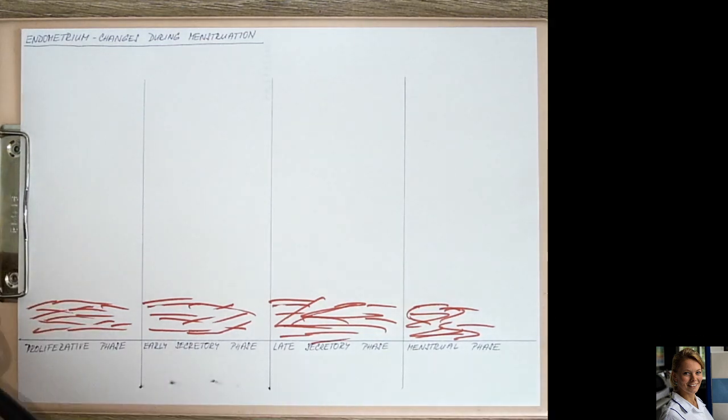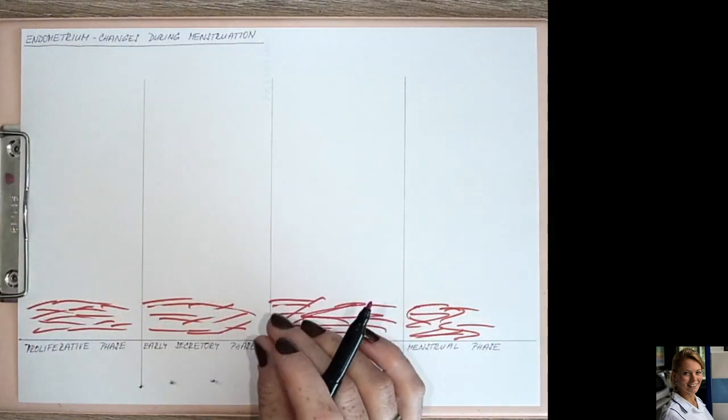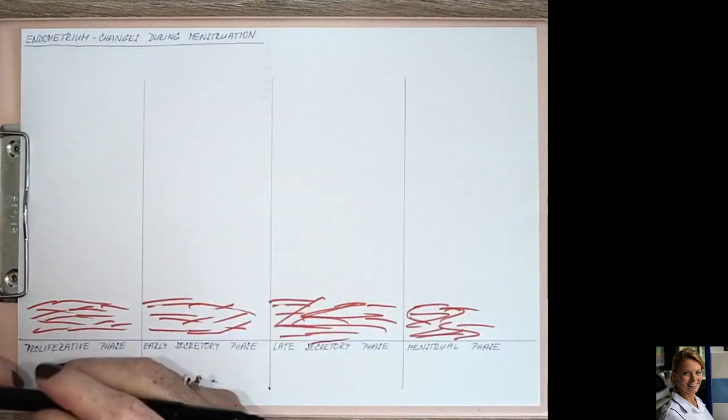The basal layer is similar in all phases of menstrual cycle.